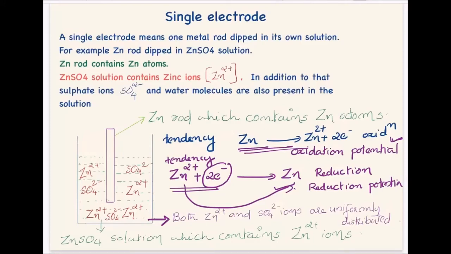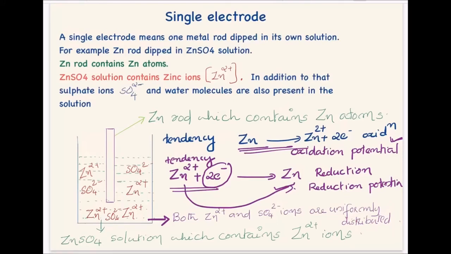So how many potentials are there? Two potentials: one is oxidation potential, one is reduction potential. Will any one of these reactions happen at a faster rate? No. If the first one is to happen, then somebody should accept 2 electrons. If the second one is to occur, then somebody should donate 2 electrons. So both of these won't happen.